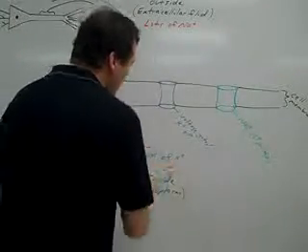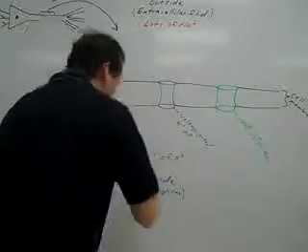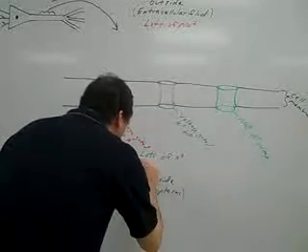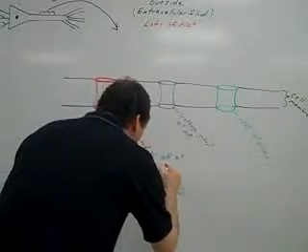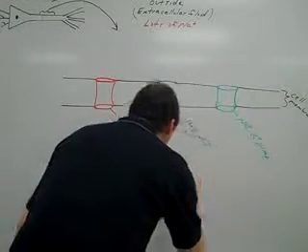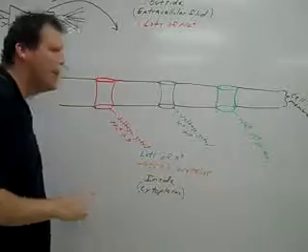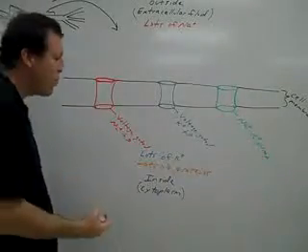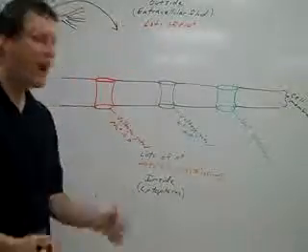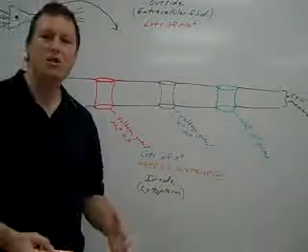In addition to that, the inside is going to have lots of proteins. There's lots of proteins on the inside of the cell. And these proteins tend to be negatively charged. There's lots of atoms on these proteins that have negative charges.